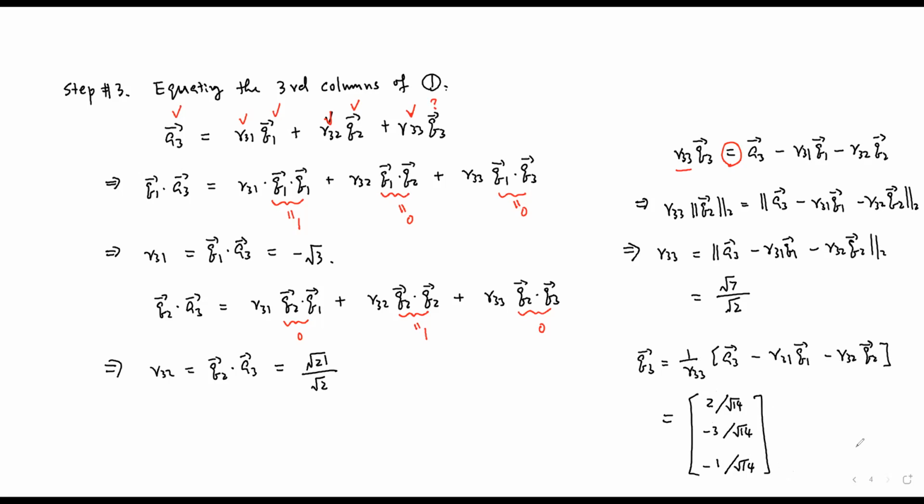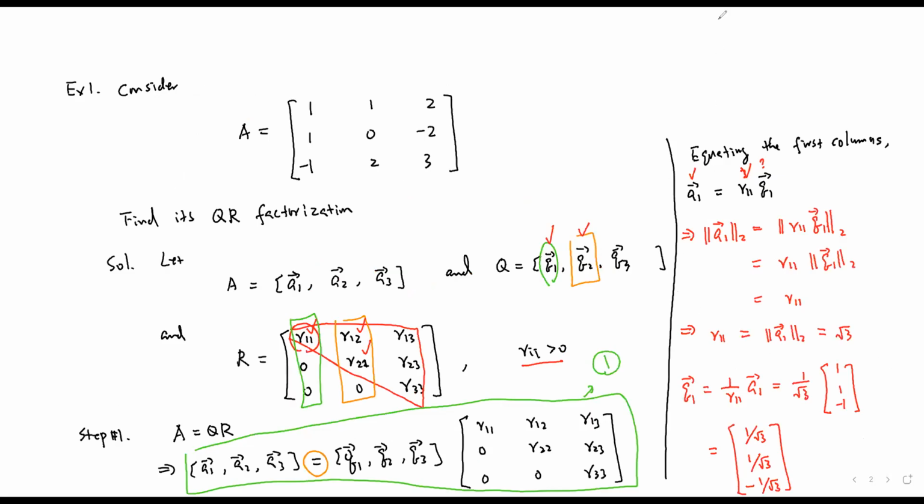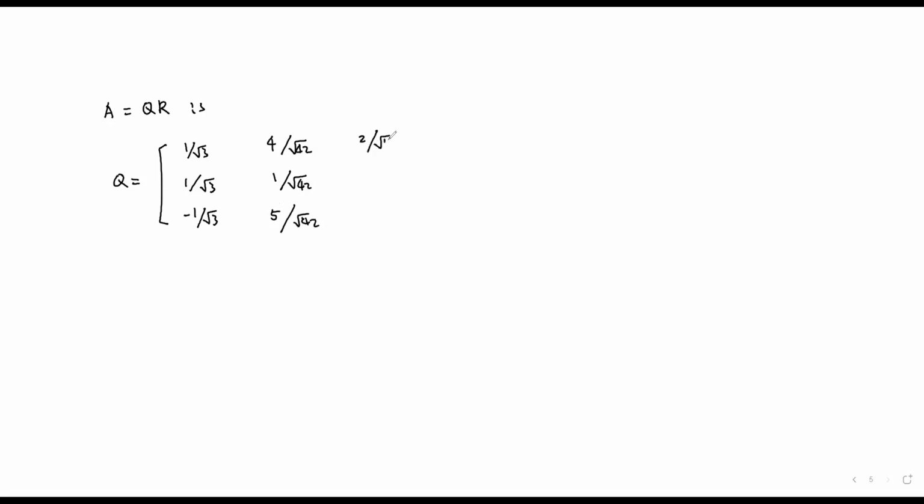Step 3, I got the third columns of Q and the third columns of R. So in summary, this is the QR factorization of the matrix A. The matrix Q is this, with 42, 5, 42, and here is a 2, 14.